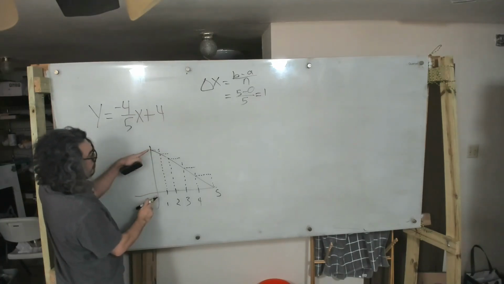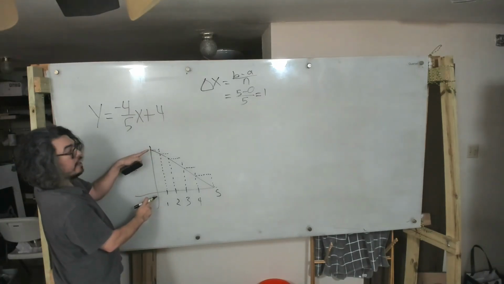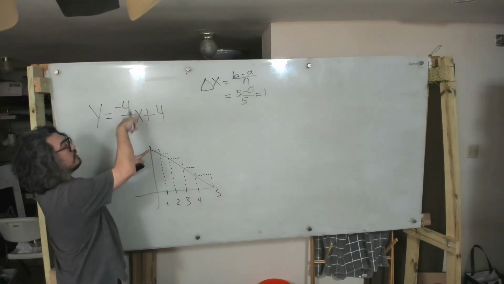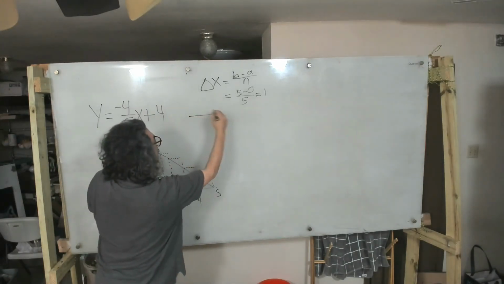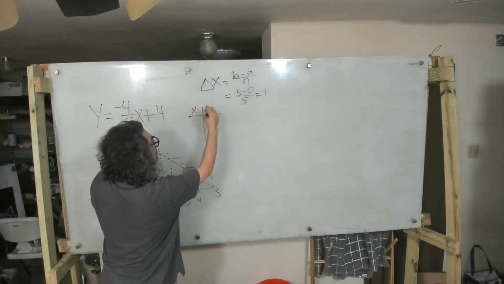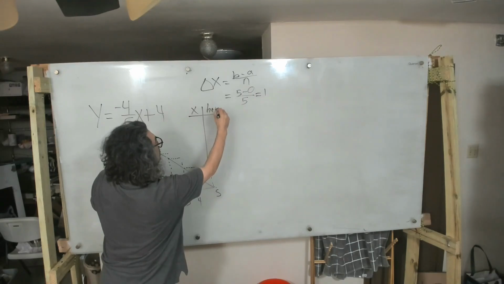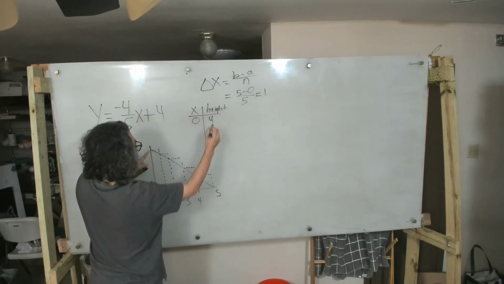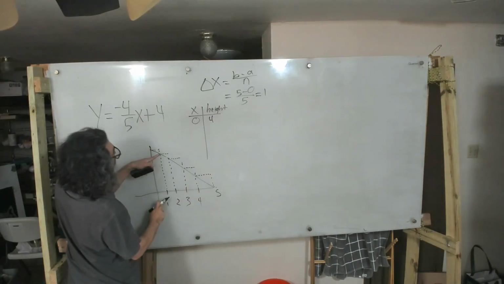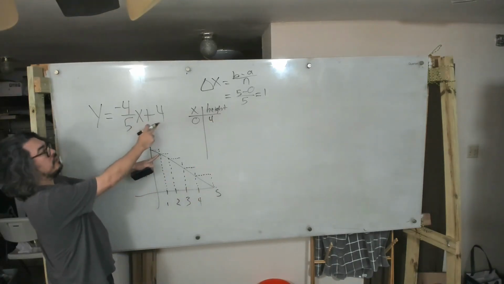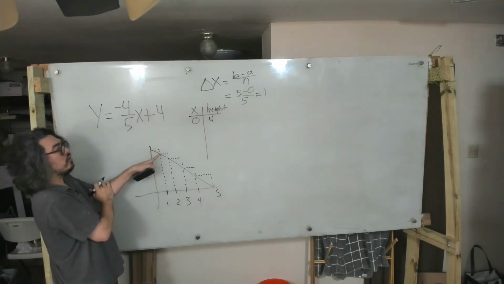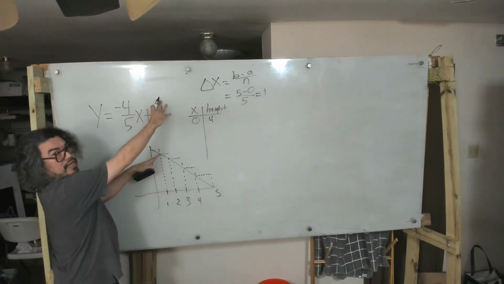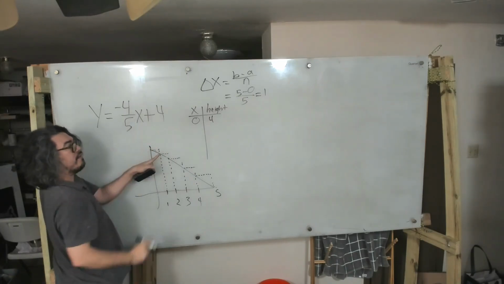If I'm at 0, we know that the value of the function, if x is 0, this goes to 0, so we're left with 4. So I'll put that here: x and then the height. We just found that at x equals 0, our height is 4. At x equals 1, our height will be negative 4/5 plus 4. And just to make our lives easier, I'm going to rewrite this function underneath, but with 4 written as a fraction with a 5 in the denominator.